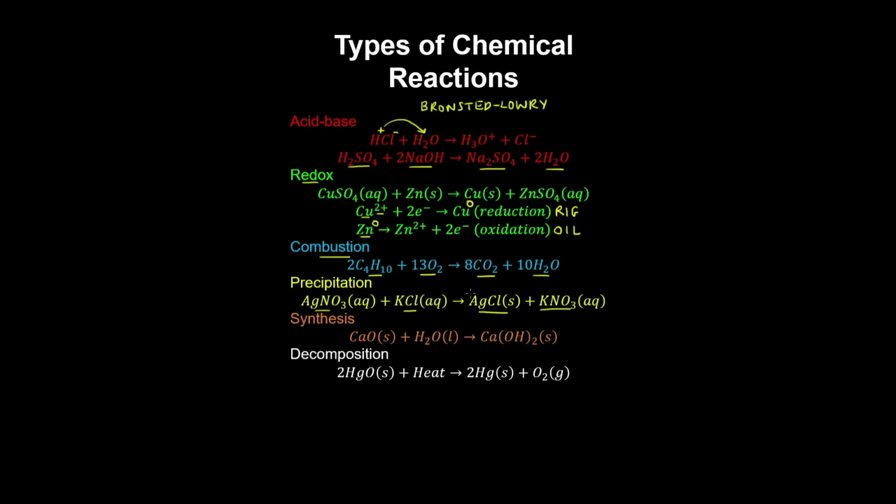And we'll look at the main solubility rules later on. Now in a synthesis reaction, elements or simple compounds combine to form a more complex compound. And in a decomposition reaction, a single compound is split into two or more elements or simple compounds, typically in the presence of heat.